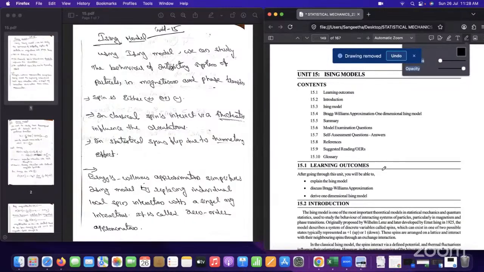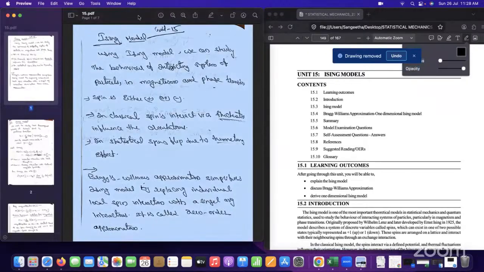What will we study using Ising model? Using Ising model, we will study the behavior of the interacting system.